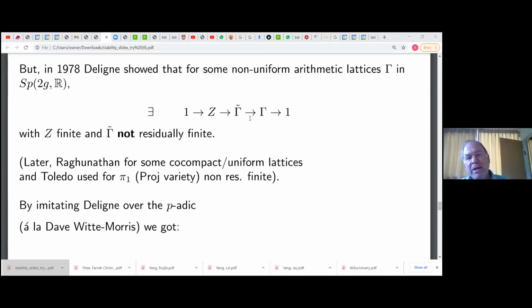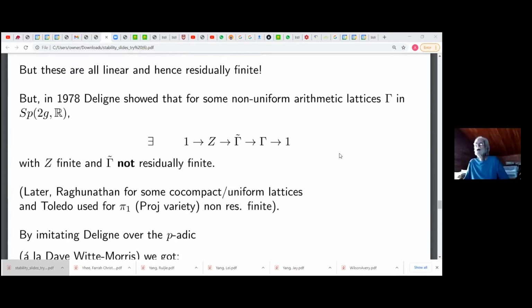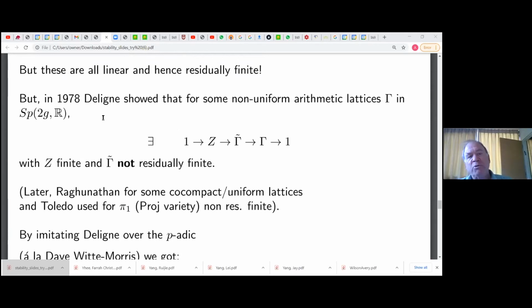And then we took this little central extension, and more or less the proof of Deligne could apply here. Well, along the way, we have to use results which were not known at the time of Deligne, the congruence subgroup property, which meanwhile was proved for this by Rapinchuk. So we are kind of standing on the shoulders of a lot of other people. Anyway, we were able to imitate this.